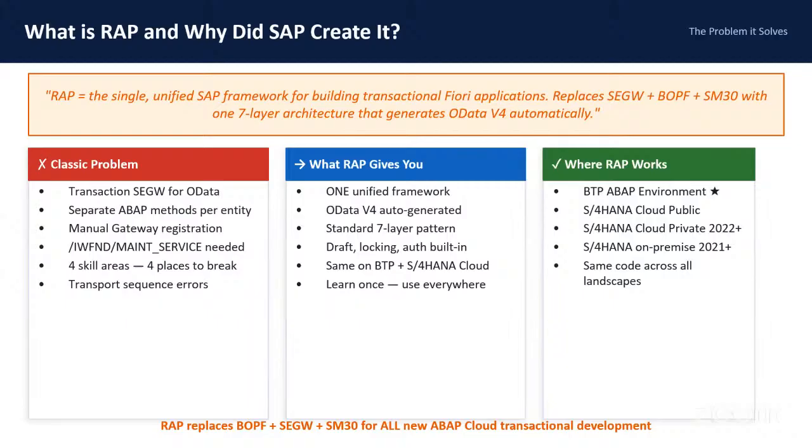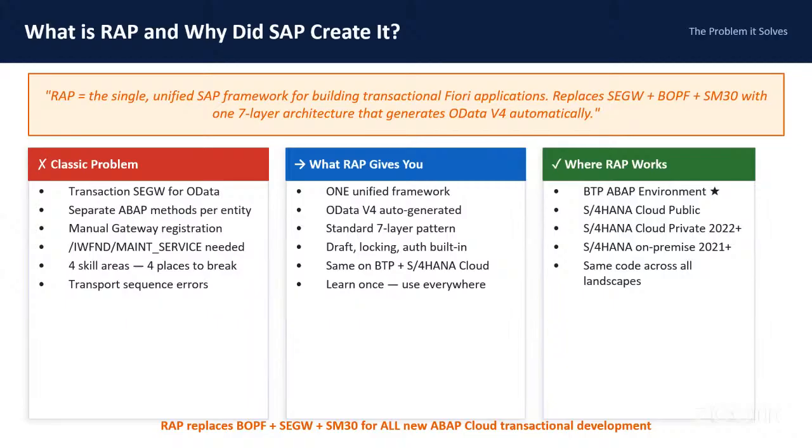In 2018, it created RAP to solve this. RAP stands for RESTful Application Programming. It is a single unified official SAP framework for building transactional Fiori applications in all the SAP landscape.